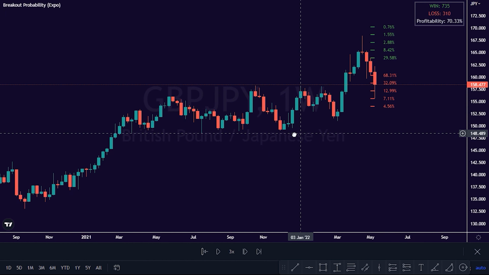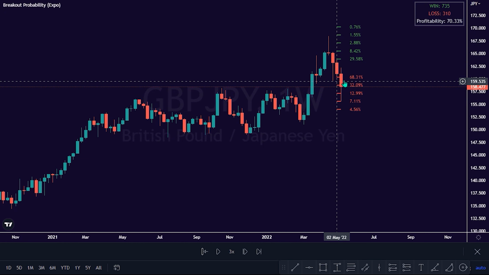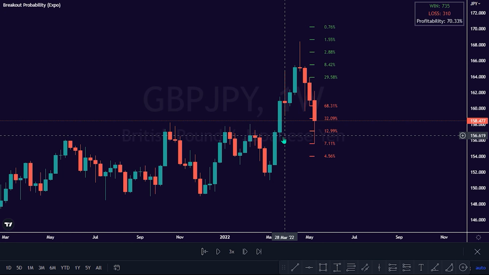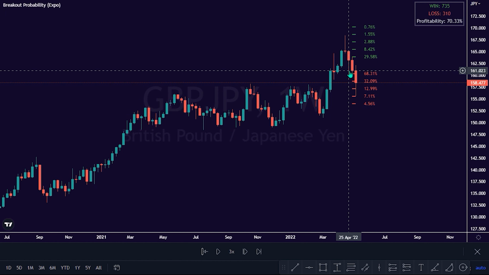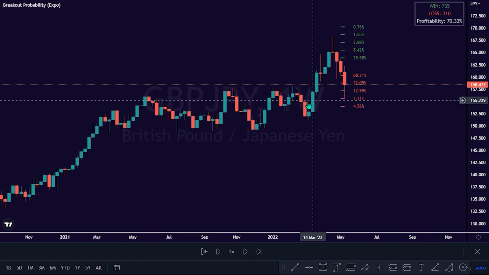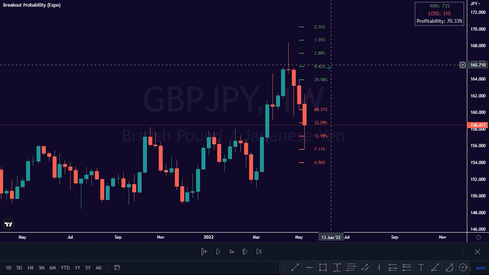Let's study the weekly time frame of the British pound sterling paired against the Japanese yen. As we can see, the trend was in a strong bullish trend. Technically, we should only be watching out for a buy entry.